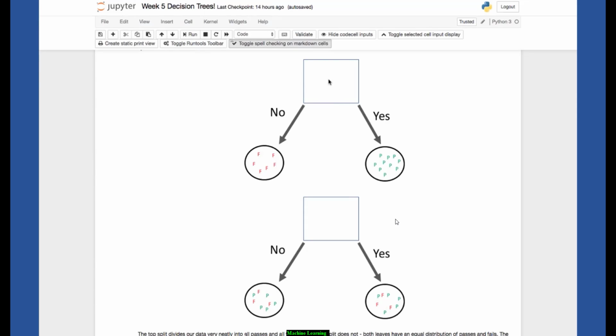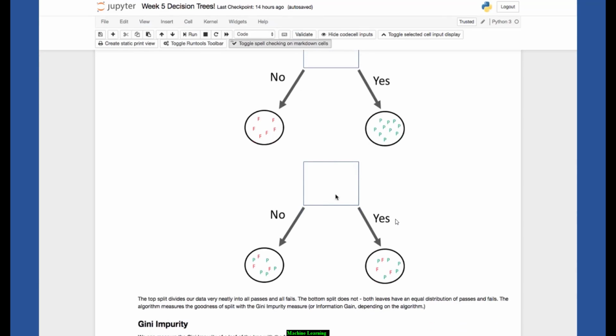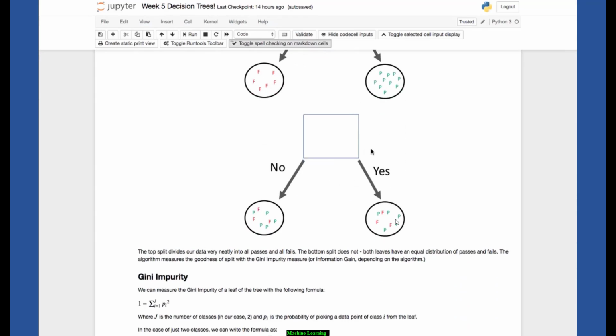For all the students in our training data where the answer is yes, all of them passed. For all that the answer is no, all of them failed. Now here's another pretend question. For the rows that answered yes, 5 of those passed and 3 failed. And for those that answered no, 5 passed and 3 failed.